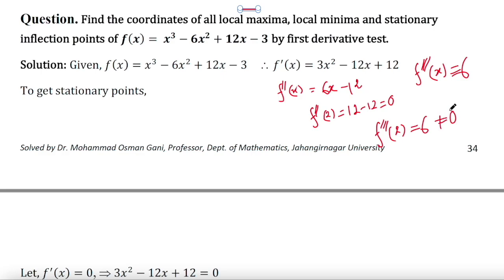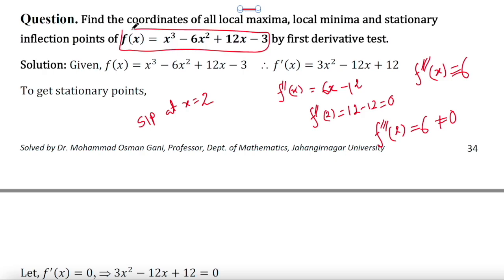Therefore, now you can confirm that there is a SIP at x equal to 2, and the y coordinate of the SIP you will get if you put x equal to 2 in the given function.